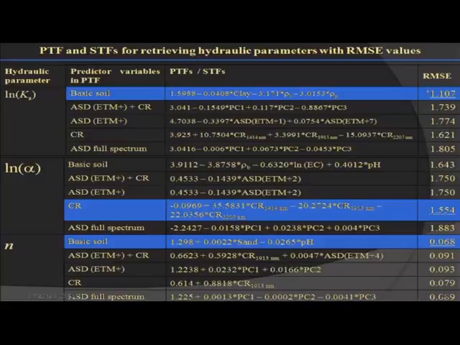Then only ETM data, only continuum removal factor and only spectrum, and the RMSE value for evaluation is given over here. Same also with respect to the van Genuchten parameters. That means if you have spectral data collected for the soil, then you will be able to get the hydraulic property estimated to some extent.